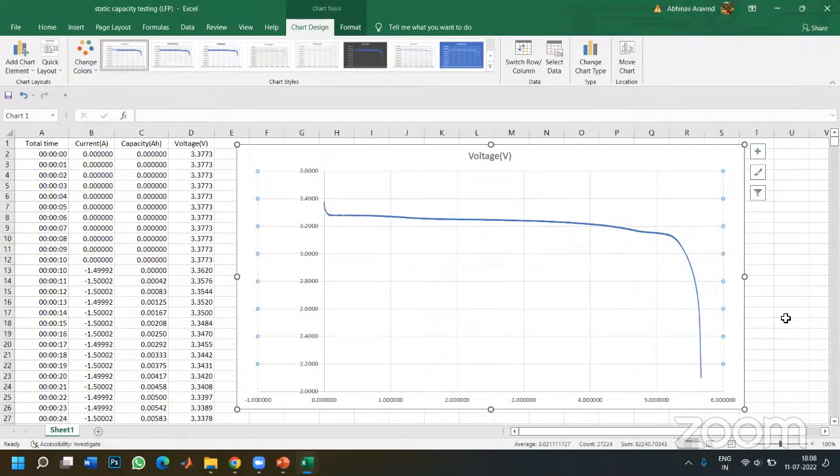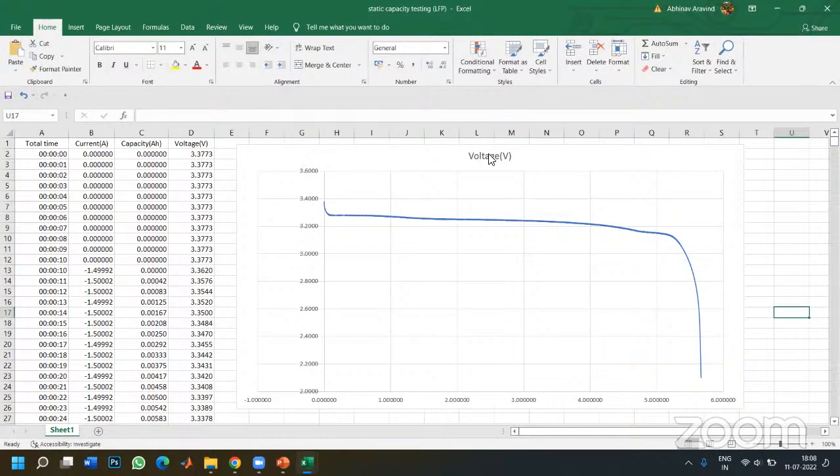So here you can see, your NMC cell came from 4.2 volts. It came down like this, right? But here you can see the LFP cell has a completely flat profile. Yeah. So just like this, different types of chemistries and different types of cells with different capacities can be tested. Okay, and the capacity they deliver in real life can be estimated.